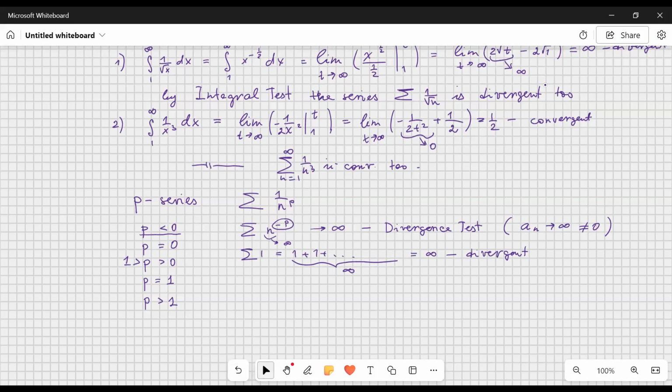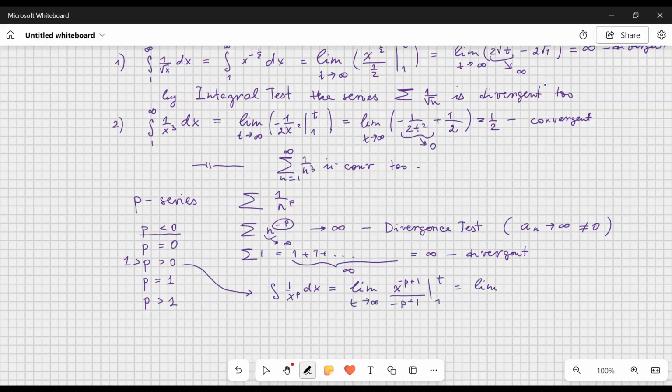So what is going to happen between 0 and 1? When we were doing improper integrals, we have seen that the integral of 1 over x to the power of p dx is going to be actually equal to what? The limit of x to the power of negative p plus 1 over negative p plus 1, substituting 1 and t goes to infinity. Let me do it one more time.